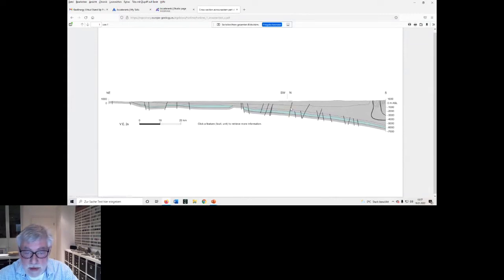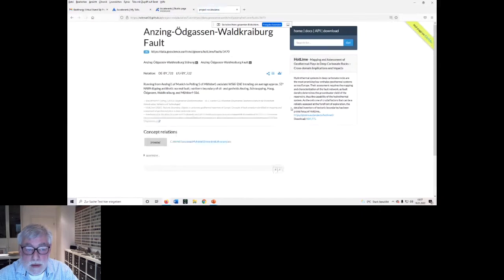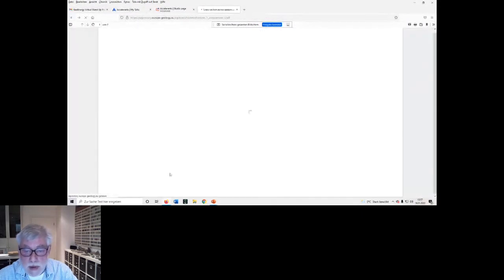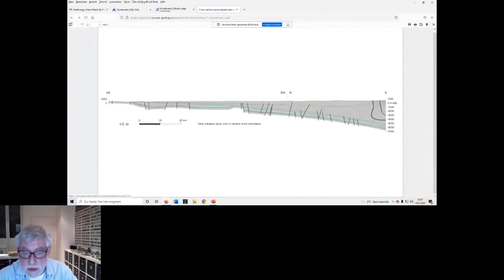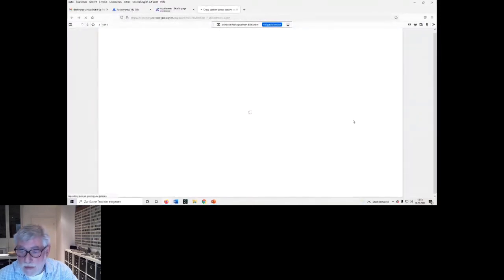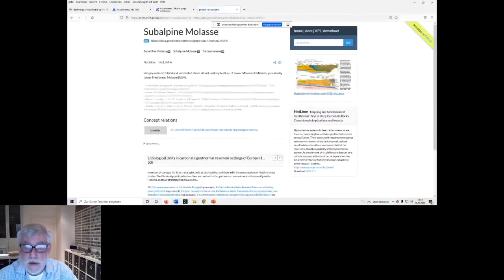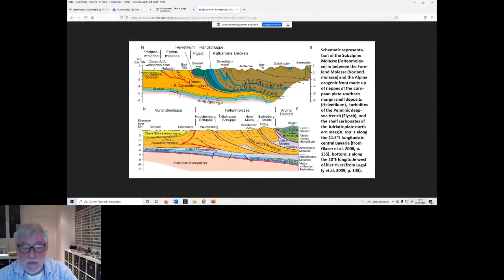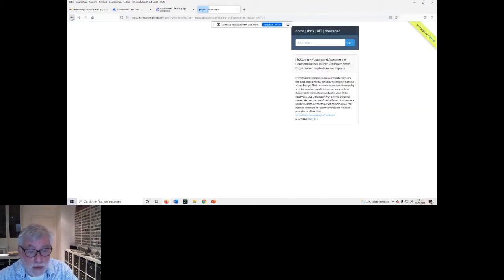If you click, for example, on a fault in there, then you get a description of the fault. If you click on the unit, you get the information about the unit. Some of them are even illustrated, for example, like this, why at the southern end of the area we've got crisscrossing of faults because we are having two different levels.